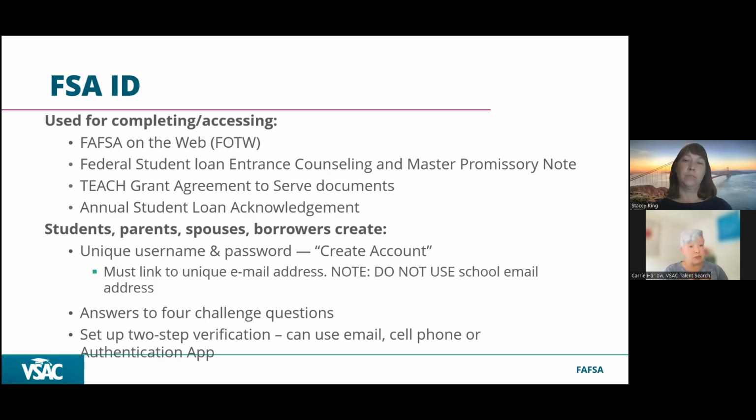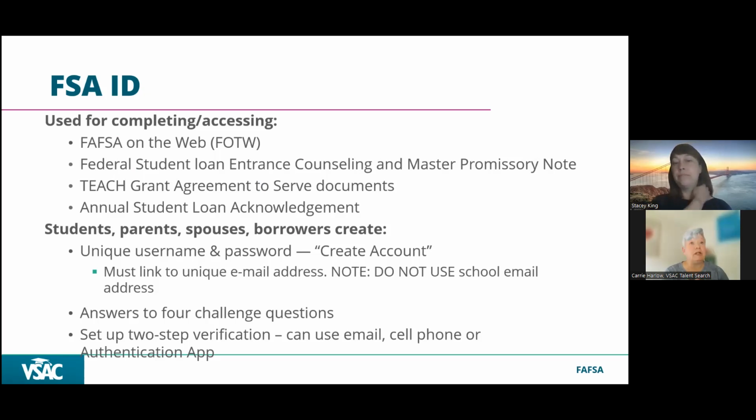So students will need an FSA ID, parents of dependent students will need an FSA ID, a spouse of a student, an independent student may need an FSA ID, and borrowers will create this unique username and password.